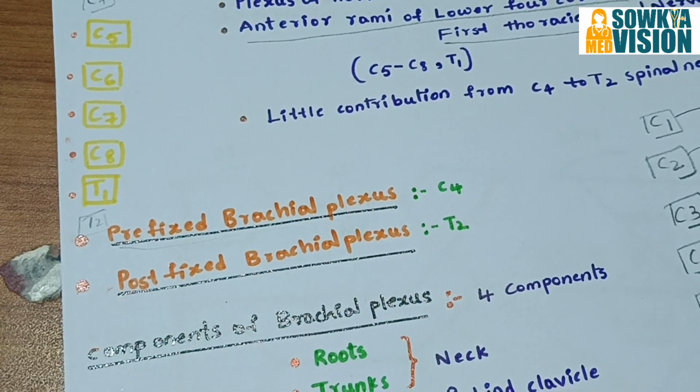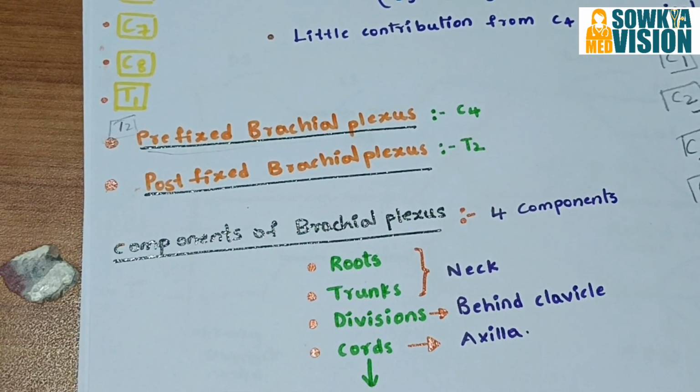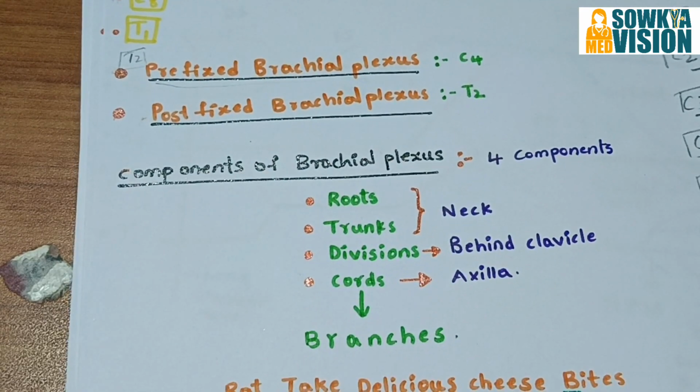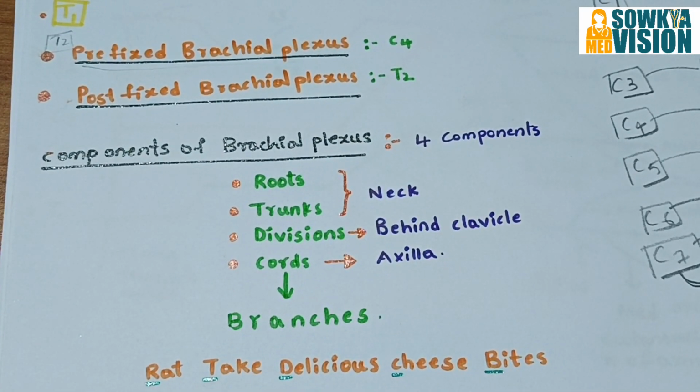Now, components. What are the components that form the brachial plexus? There are 4 major components. What are they? There are roots. The roots are the nerves arising from the segments of the spinal cord.